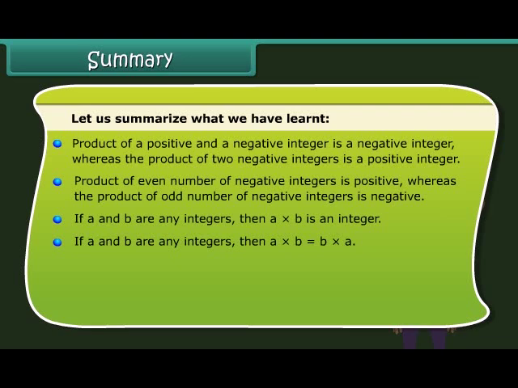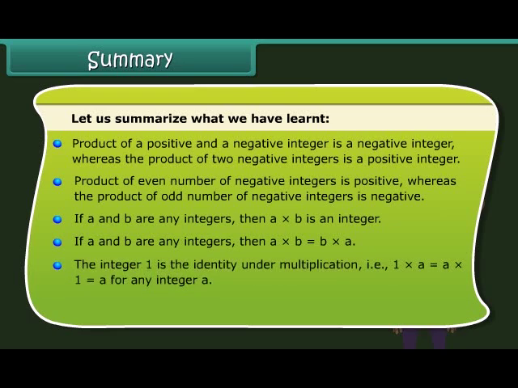If a and b are any integers, then a into b is equal to b into a. The integer 1 is the identity under multiplication, that is, 1 into a is equal to a into 1 for any integer a. If a, b and c are any integers, then a into (b into c) is equal to (a into b) into c.